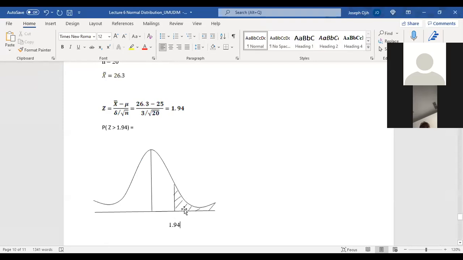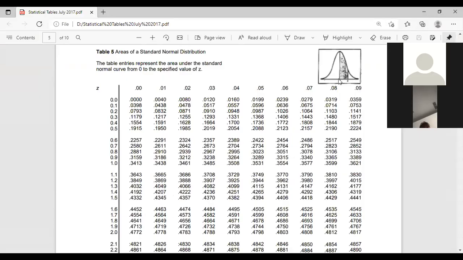So the probability, because it's at the tail, when it's at the tail, we're gonna do 0.5. Remember, you're using this method because you're using this table here. This one is not cumulative. If you're using the cumulative type, you're gonna do a different thing.